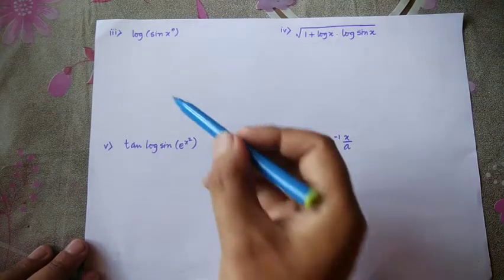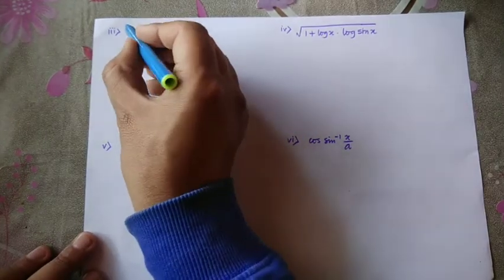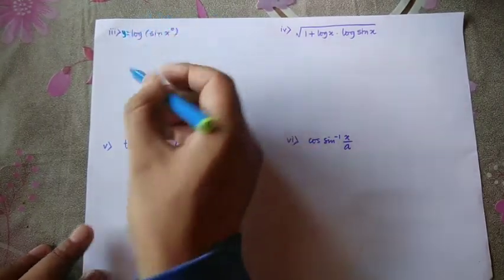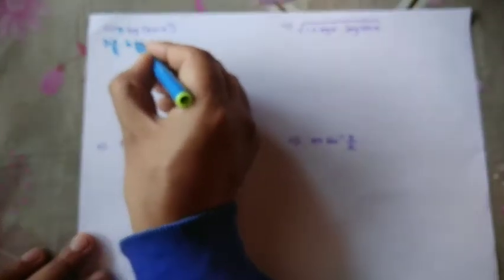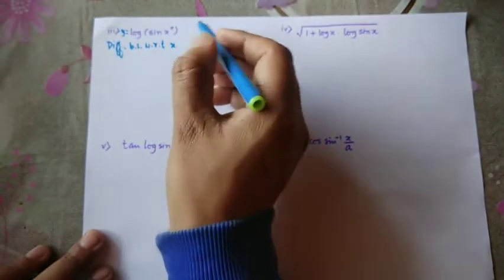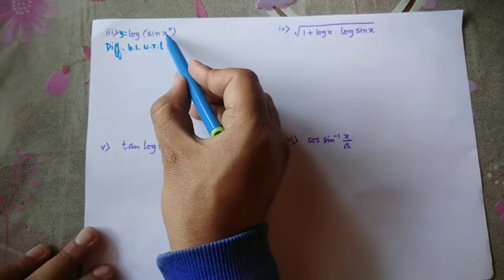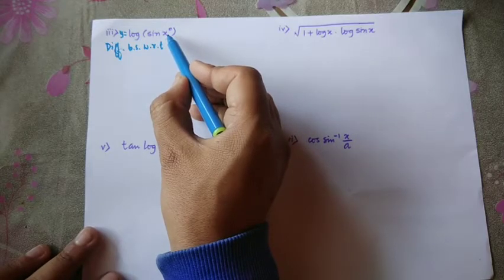So we need to differentiate this using chain rule. As usual I am going to call this my y, so differentiating both sides with respect to x. But as I said, we have got x degree out there, so we need to convert this into radian.